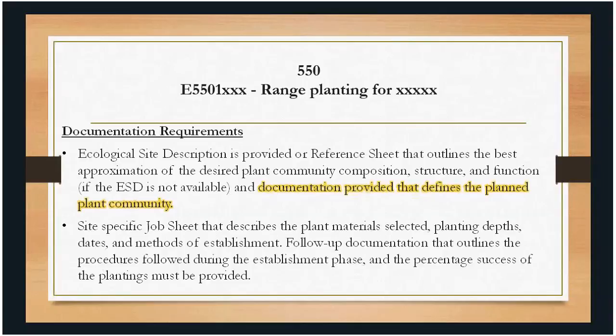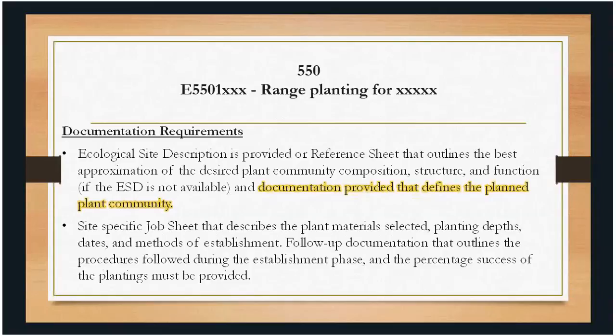Documentation requirements are pretty basic. Besides just what you need for a range planting, they're looking for a site description and or reference sheet, and you're going to point to which plant community phase you were shooting for in doing this seeding.